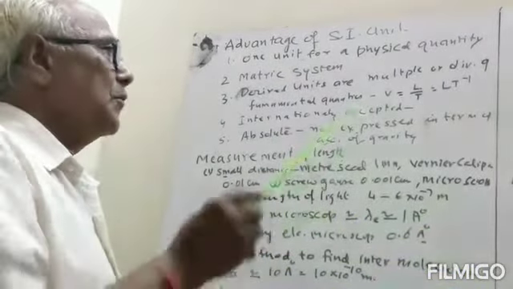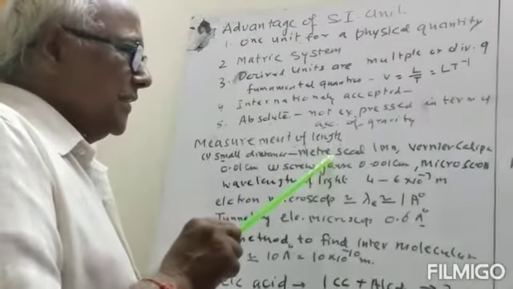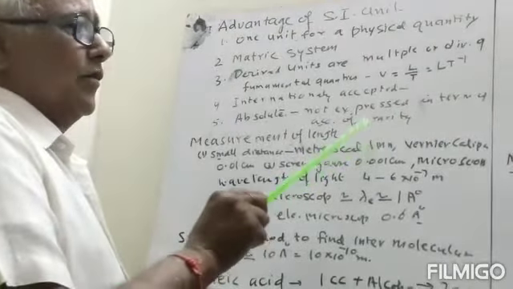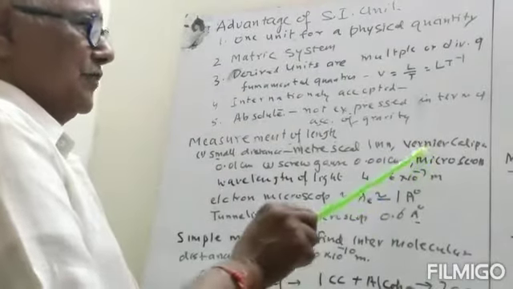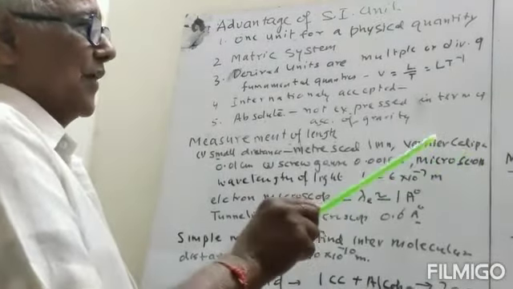Generally, for small distances we use either a meter scale. For the meter scale, the minimum length is 1 millimeter or 0.1 centimeter. Then we will take the vernier caliper, which we will discuss later, and with a vernier caliper we can find the minimum distance of 0.01 centimeter.